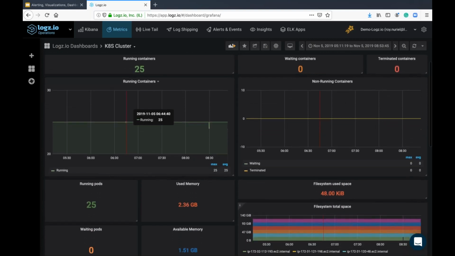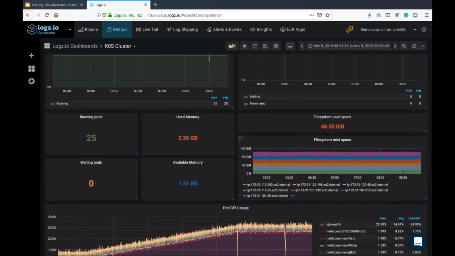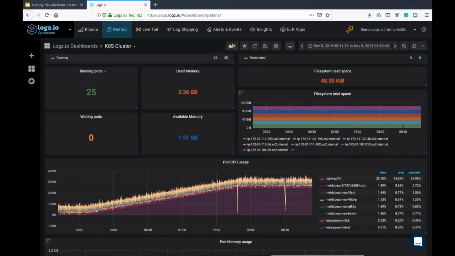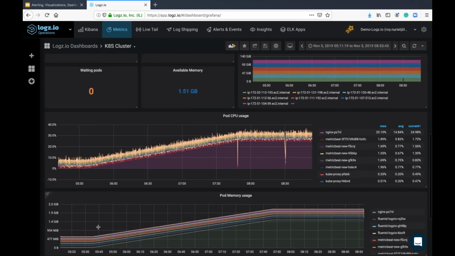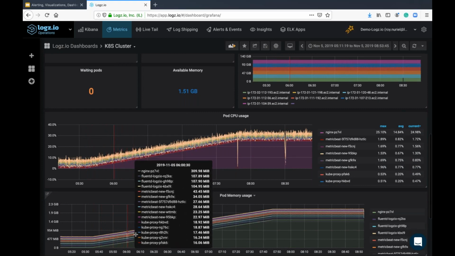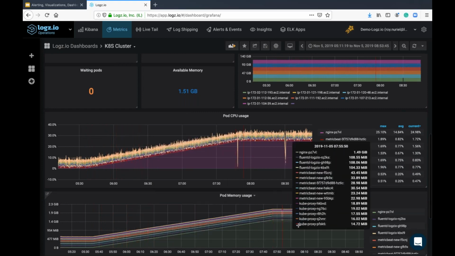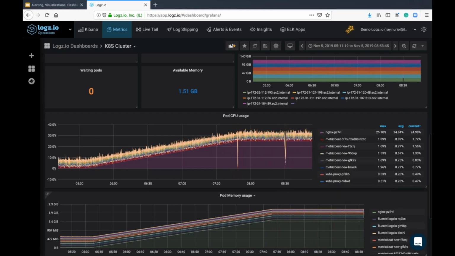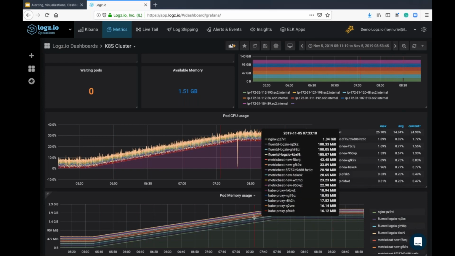You can see over here the number of containers that run. I'm trying to understand the root cause of the problem, and I can see here that around 5:30 I start to see an increase in the pod memory usage going up. I can see that this is the Nginx pod that created that specific problem.